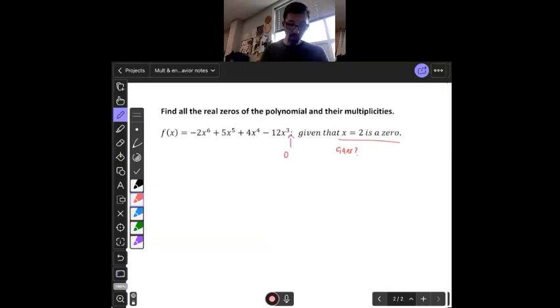It looked like there were gaps at the end. And I think I said I ended up making a mistake on that. And it turned out that it did matter, that there were things missing at the end. So it goes 6, 5, 4, 3, but there's no square term, and there's also no x to the first term. There's also no constant term. Okay? So there are lots of gaps here.